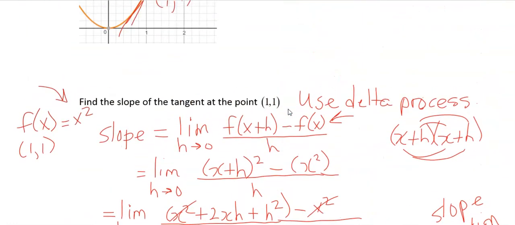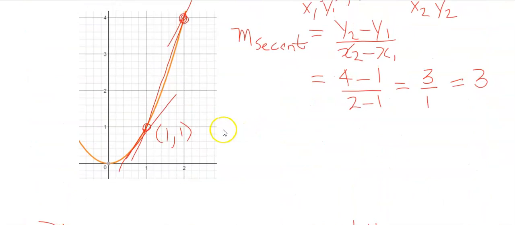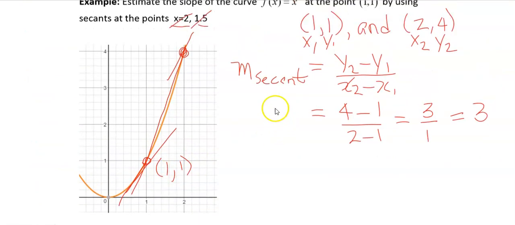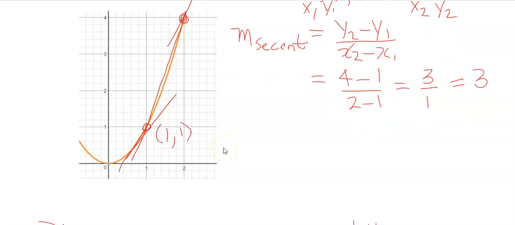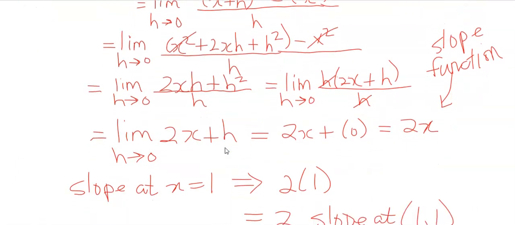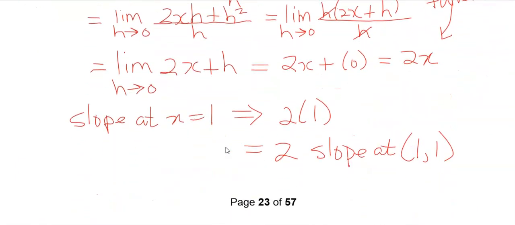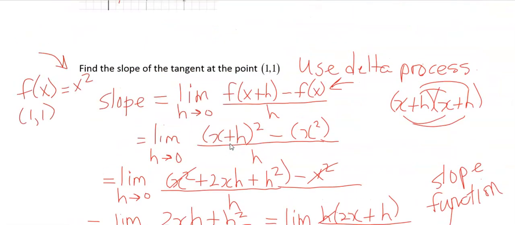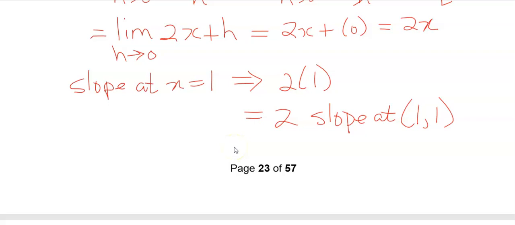And now if we go back and look at the graph, remember the slope of the secant line was 3, but the slope of the tangent line is really 2. Look, this is the first time you've ever used the delta process to come up with the slope or the derivative of a function. That was a pretty simple function, but for the first time, you've actually calculated it.